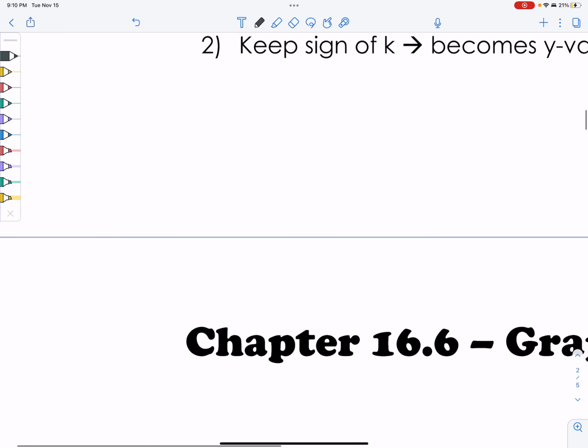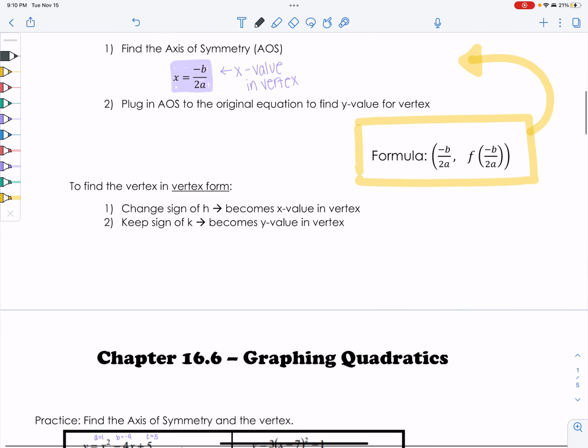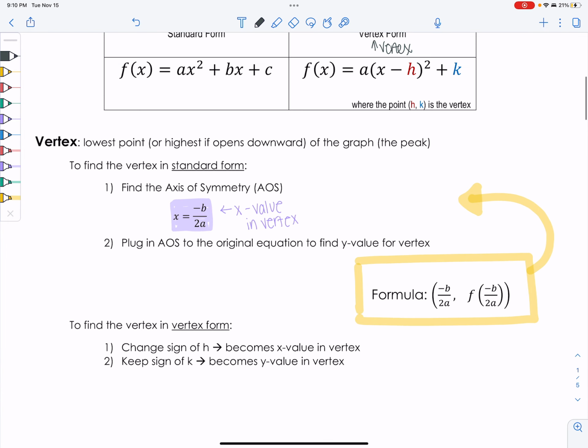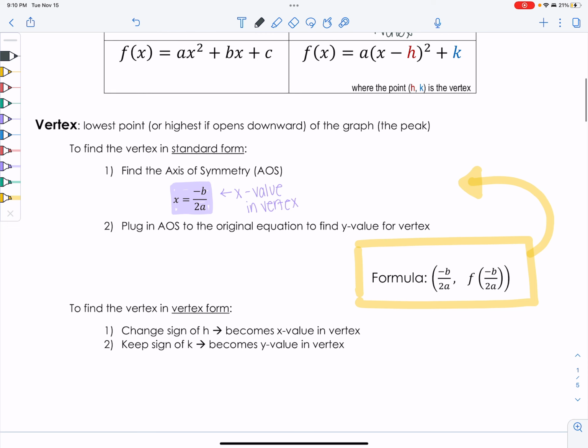We do have finding the vertex in vertex form. Well, vertex form we wrote down up here, and I'm going to rewrite it just so we can see it. Vertex form, you can see at the top of the screen, is f of x equals a times x minus h squared plus k, and then it says where hk is the vertex.